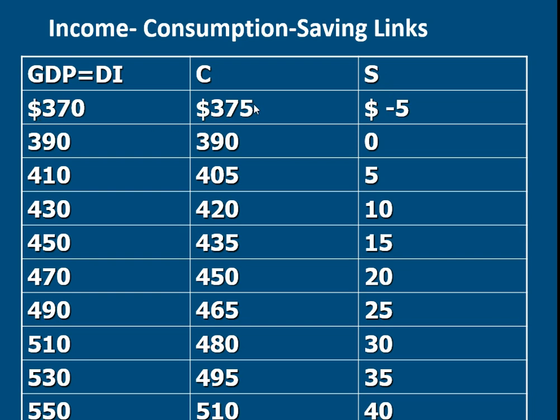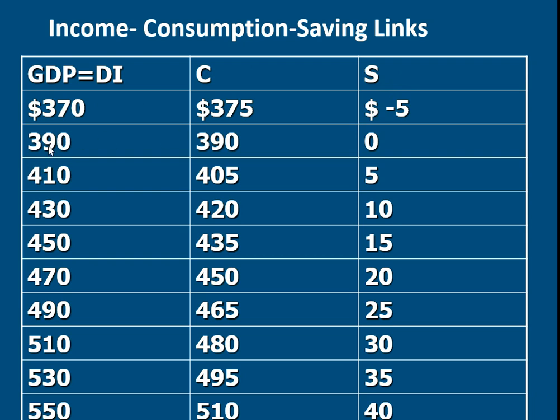When we subtract consumption from income, 370 minus 375, it gives us minus 5. So it shows that in saving, we have to borrow 5 rupees from someone else in order to fulfill this gap.